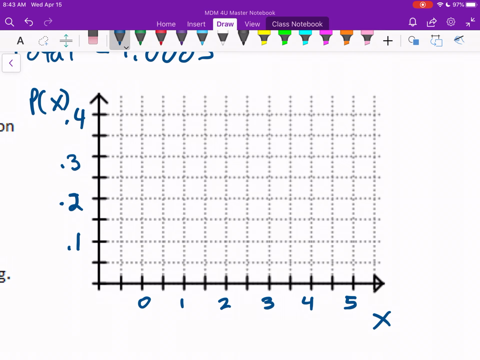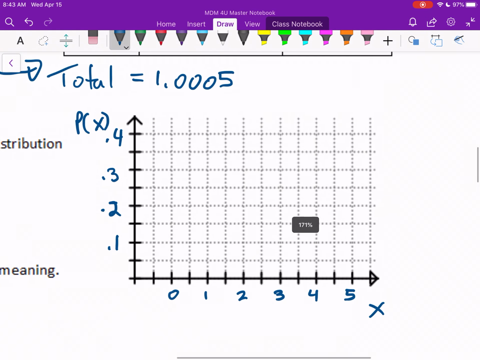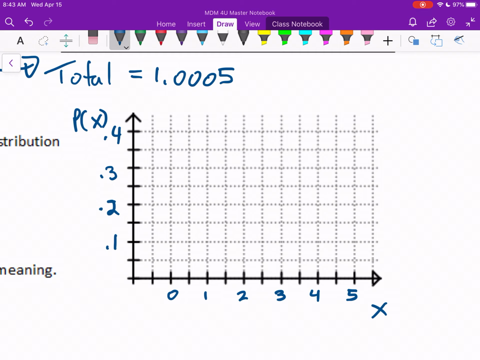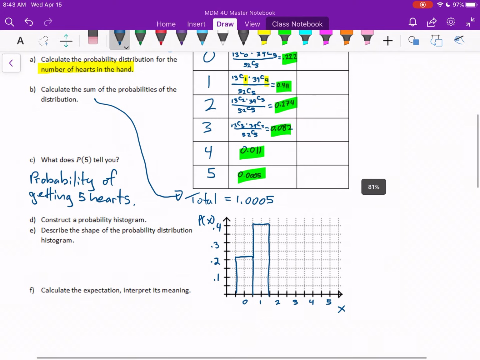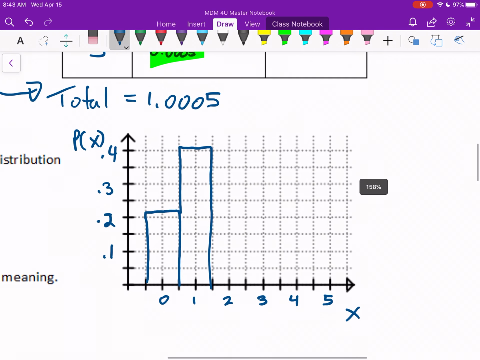And then just match my different probabilities to it. So 0.222 and 0.411. Again, I'll draw a bar straddling the number. The next one was 0.274 and then 0.082.